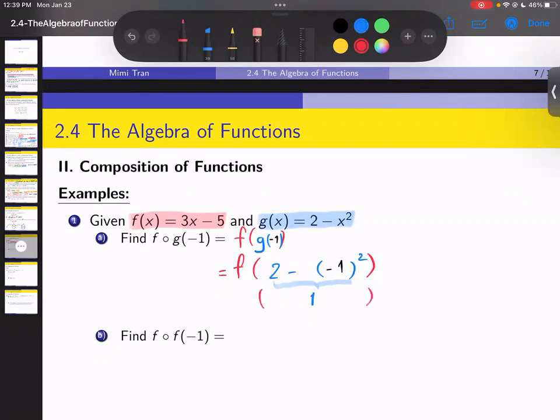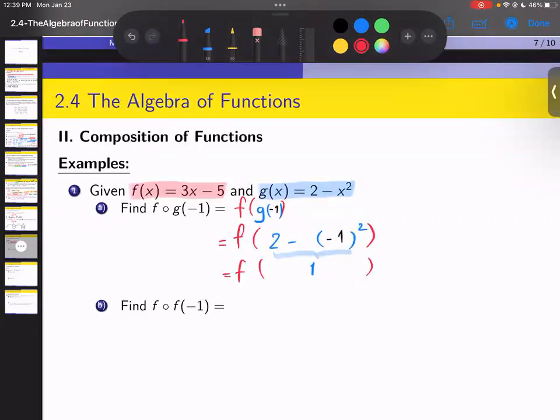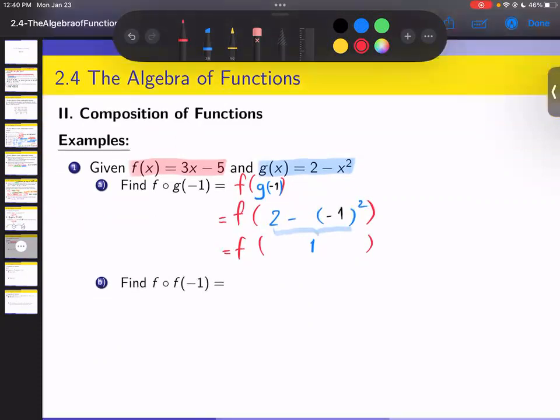Remember, you still have the outside function. Now you plug in 1 for f, that's the input of f. F is 3 times x minus 5, and x here is 1. That's -2. So your final answer is -2. That's your final product.